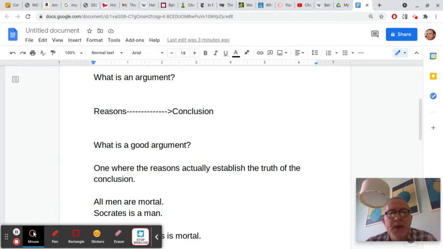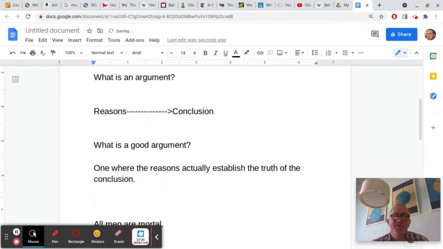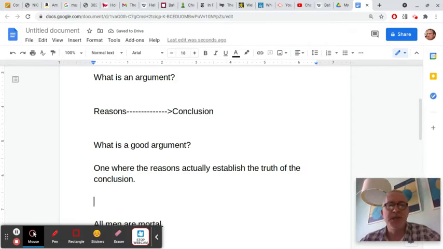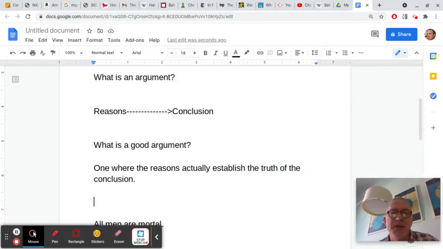So the reasons may not establish the conclusion definitively and for all time and with utmost certainty, but they may make it more likely to be true in our minds.